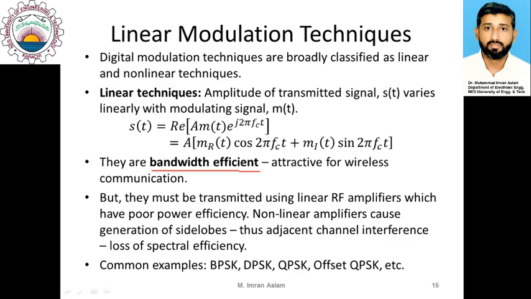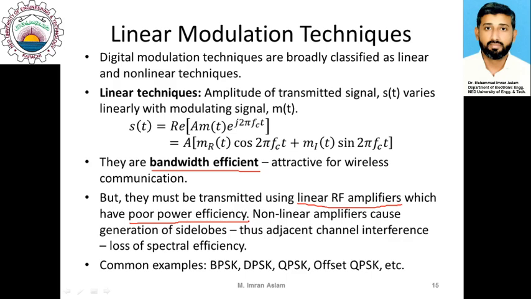But the problem with linear modulation techniques is that they should be transmitted with linear RF amplifiers, and generally linear RF amplifiers have relatively poor power efficiency. If we try to increase the power using a non-linear amplifier, these modulation techniques lose some spectral efficiency, as well as cause adjacent channel interference, because non-linear amplifiers generate some power in the side lobes as well.